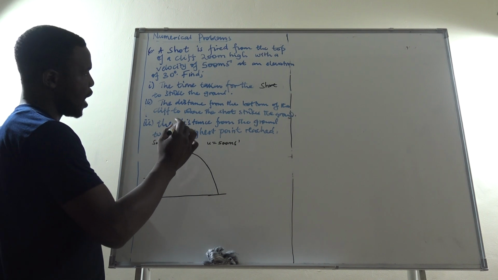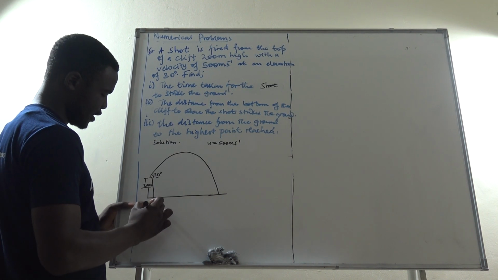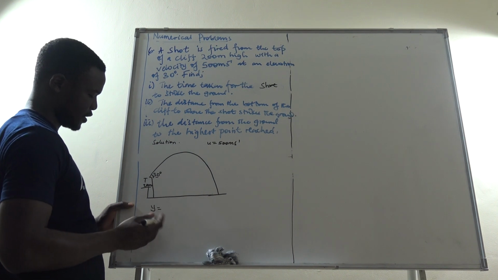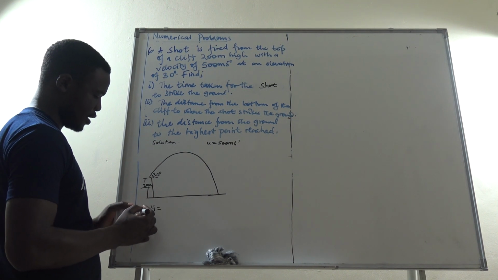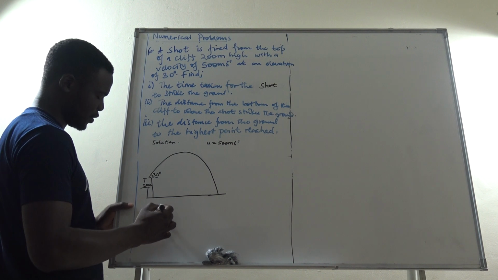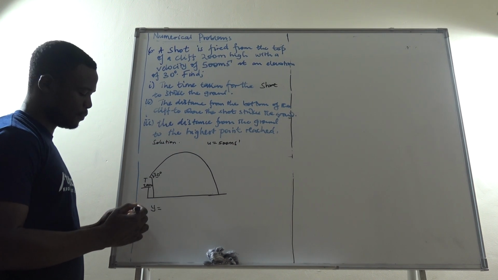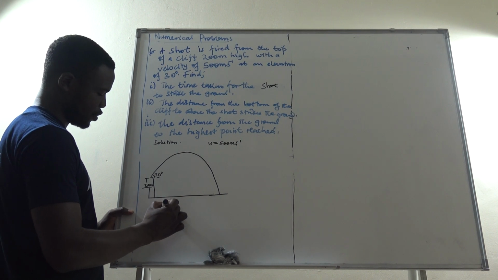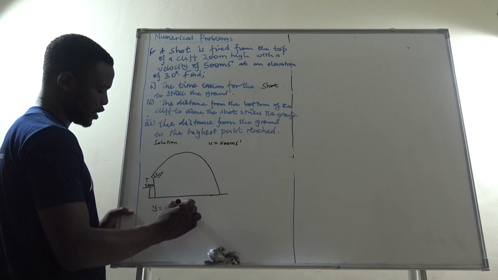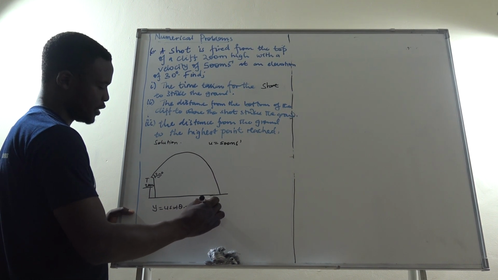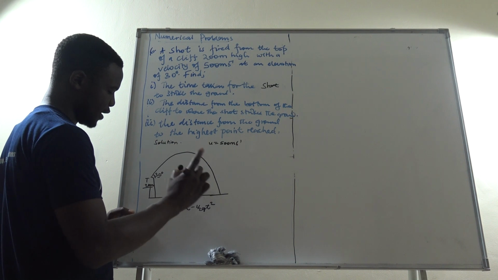Now, how do we get the time taken? The expression we shall use is the expression for vertical motion of this bullet. We know it is u sine theta t minus a half g t squared.